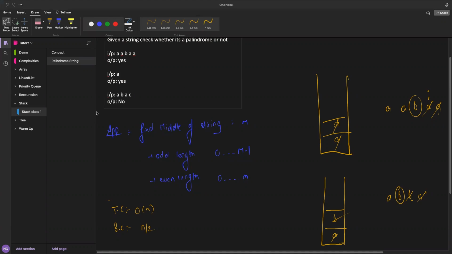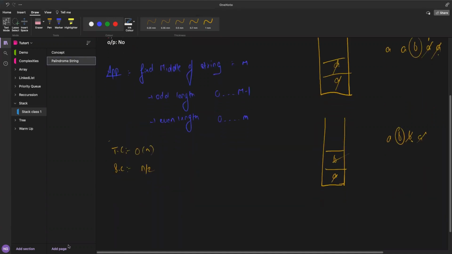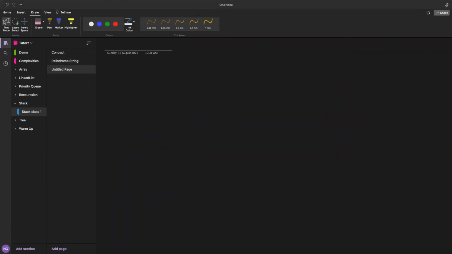So now think about palindrome in a linked list. Given a linked list, you have to think whether it's a palindrome or not.